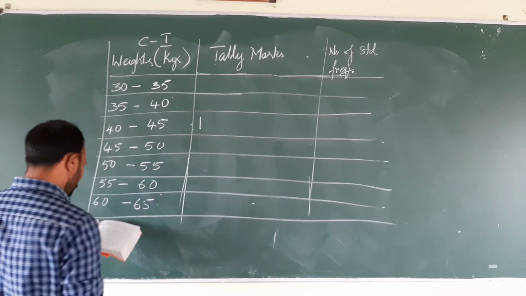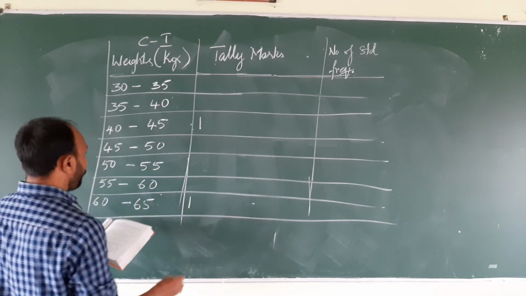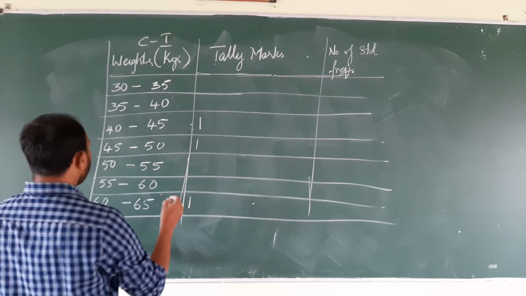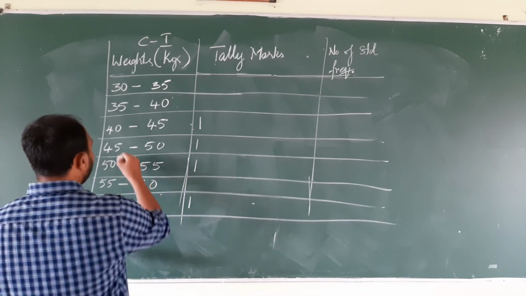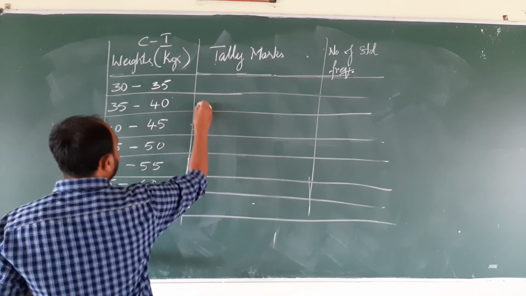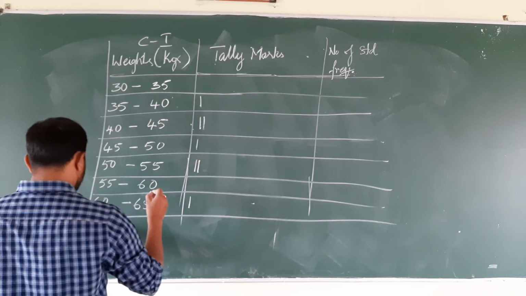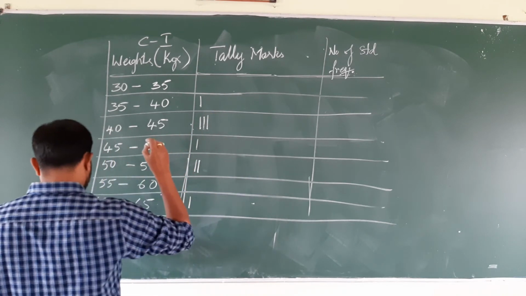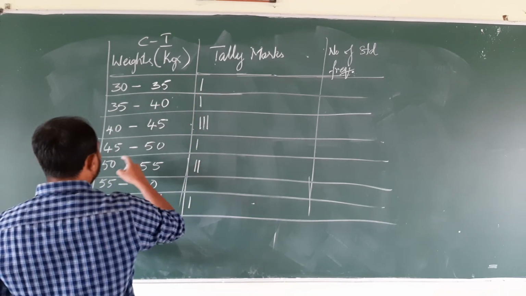Next, 62 comes here, next 46 here, next 54 here, next 41, 37, next 54 here, next 44 here, next 32 here, next 45.